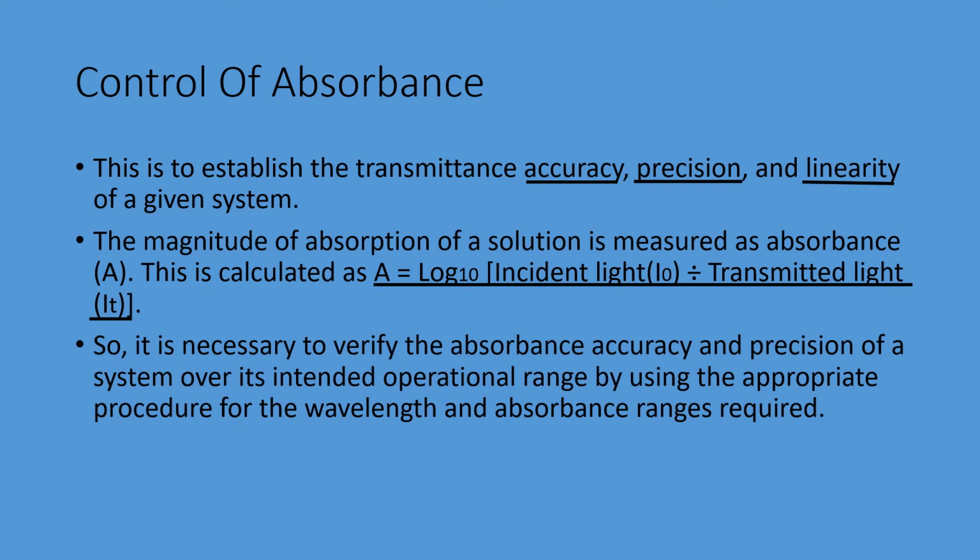So it is necessary to verify the absorbance accuracy and precision of a system over its intended operational range by using the appropriate procedure for the wavelength and absorbance ranges required. Appropriate procedures are provided in the next slide. This information can be obtained from various pharmacopoeias also.